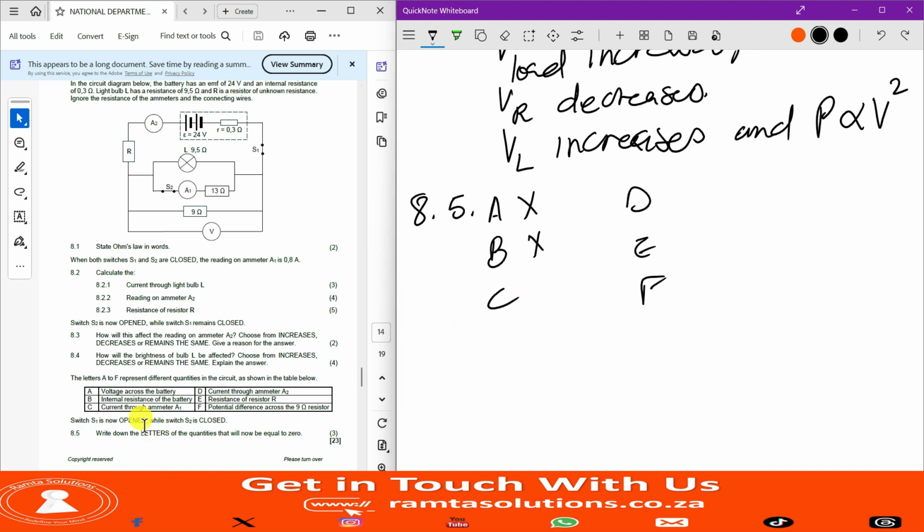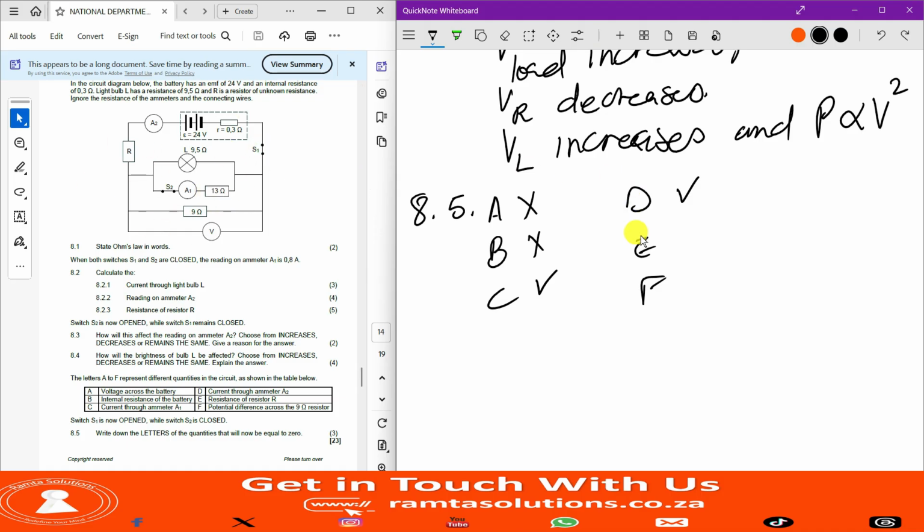Okay, and then current through ammeter A1. If switch S1 is open, there is no current flowing basically. So yes. And then let's look at D. Current through ammeter A2. Yes, because there is no current flowing. When S1 is open, there is no current flowing in the circuit.